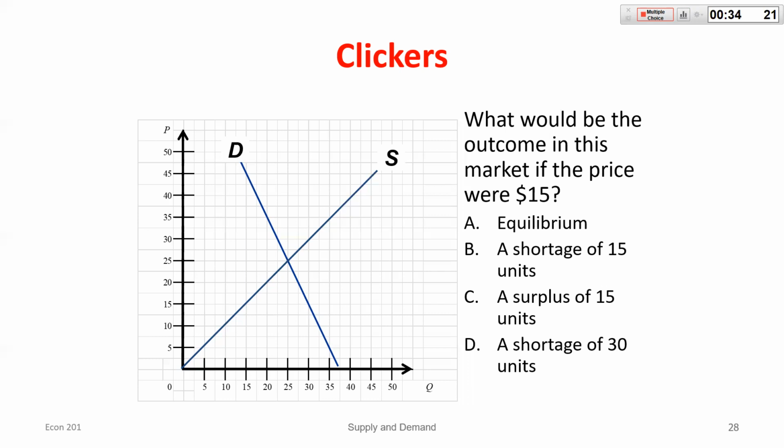So if instead the price was at $15, do we have a shortage or a surplus, and what would the value be? The quantity supplied is 15, and the quantity demanded is 30. Go to the 130 mark here, and then we'll talk about it.